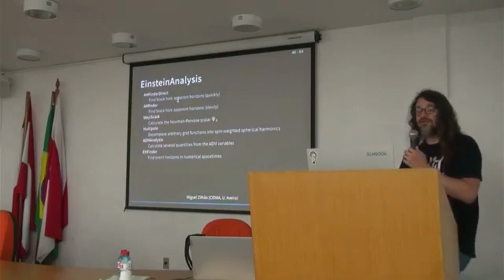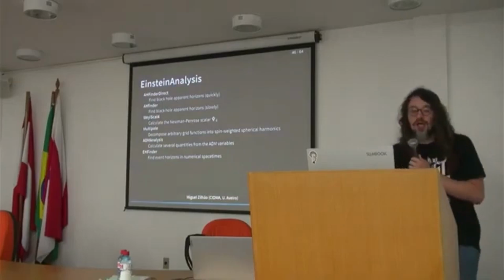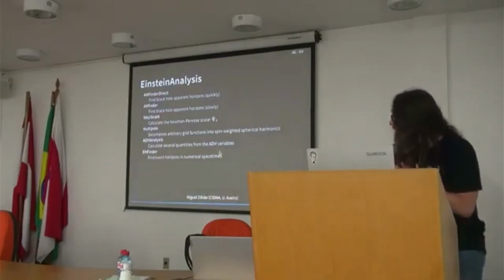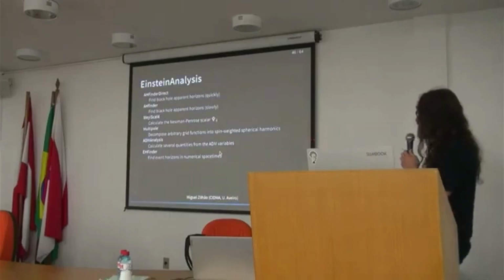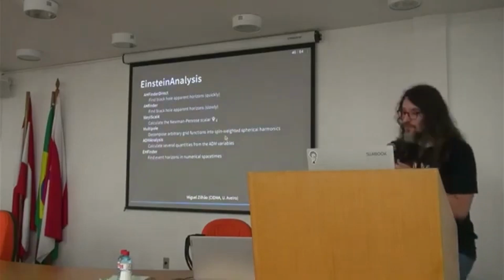They are finding the apparent horizon as you're doing your numerical evolution. But there's also a tool that allows you to look for the event horizon once the simulation is done. I'm not sure how much this one is up to date, though. I haven't used it.